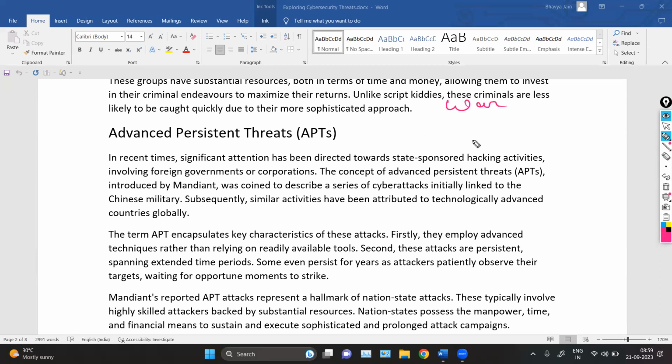Let's take an example. Let's say there's a war going on between country A and country B. Now country A wants to know what kind of strategies, what kind of missiles, what kind of bombs country B will use, or what methods and formulas, and the total strategy of country B. So country A will hire state-sponsored hackers, hackers who hack for the country itself.